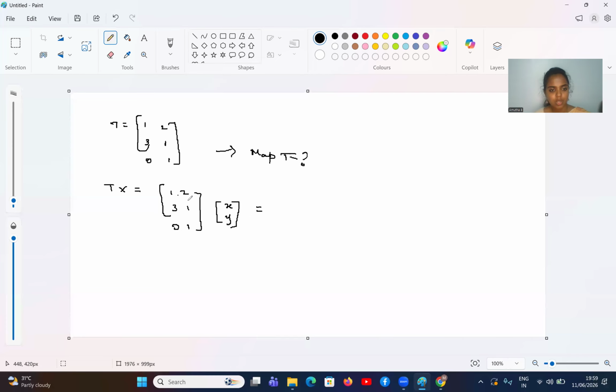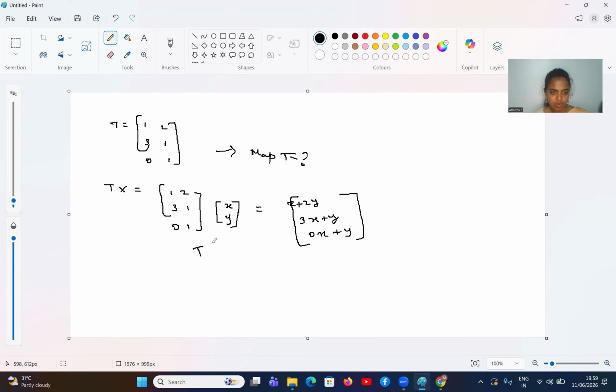This is a 3 by 2 matrix. This is a 2 by 1 matrix. You can multiply. That means x plus 2y, next, 3x plus y, next, 0x plus y. So this is the map.